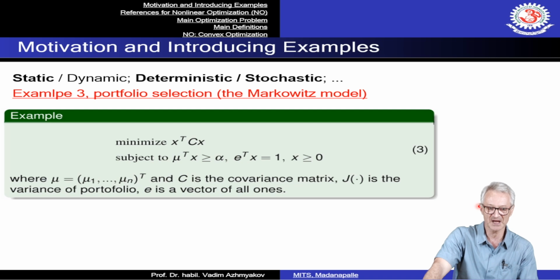And if we make this incorporation of time as a physical parameter into the optimization problem, we get dynamic optimization. Therefore, in fact, we present here a very simple initial but very important classification.